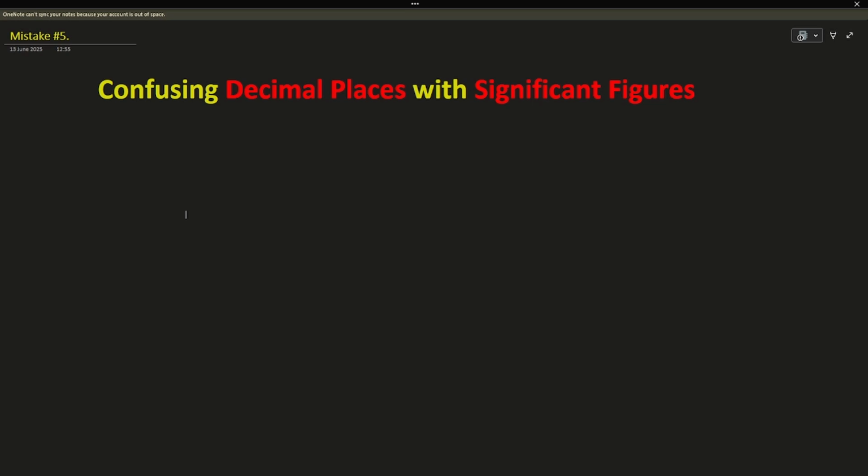Decimal places refer specifically to how many digits come after the decimal point, and significant figures are the important digits starting from the first non-zero digit. So, for example, we are asked to round 0.004567 to 3 decimal places. So we'll be keeping the 3 digits after the decimal point.